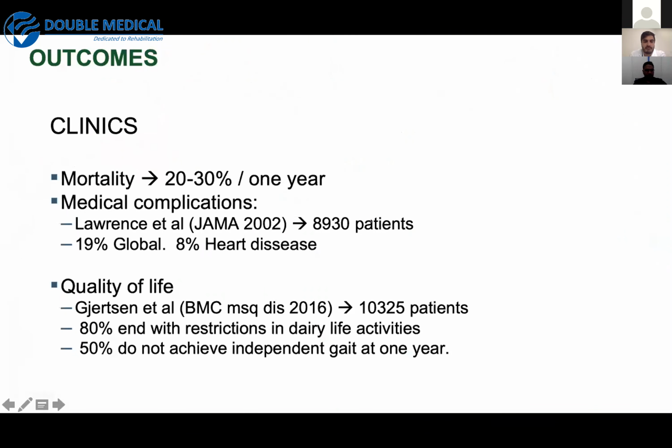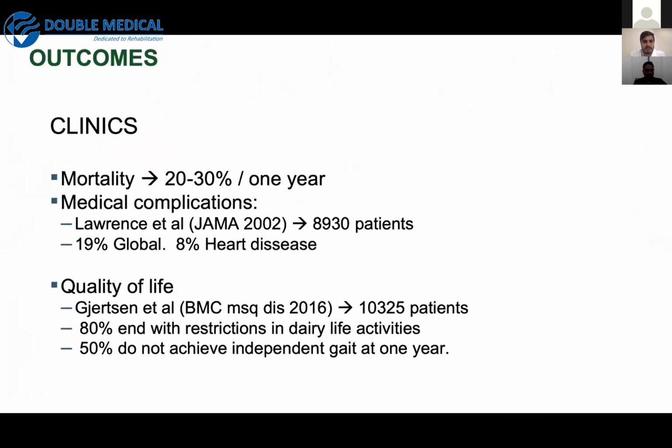You know that outcomes in intertrochanteric fractures are composed of clinical and mechanical factors. In clinical terms, we know that the mortality rate is over 20 to 30% in 1 year.